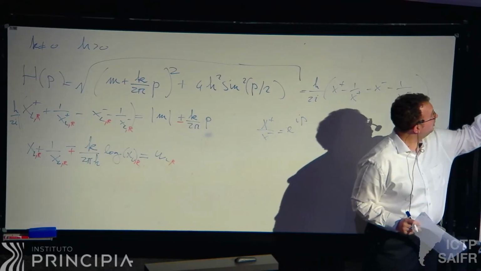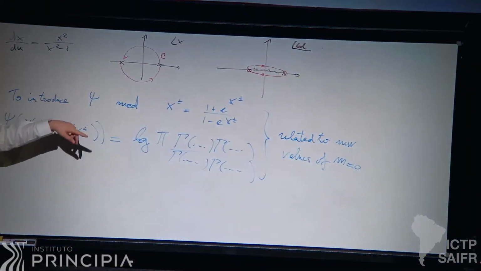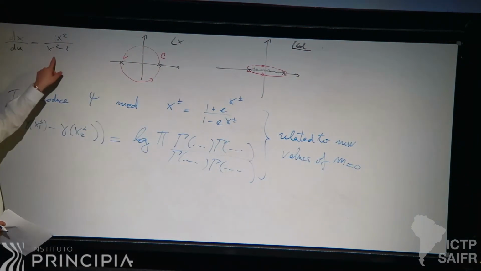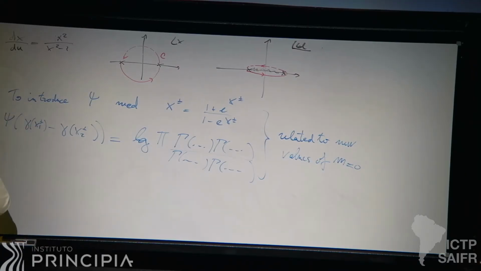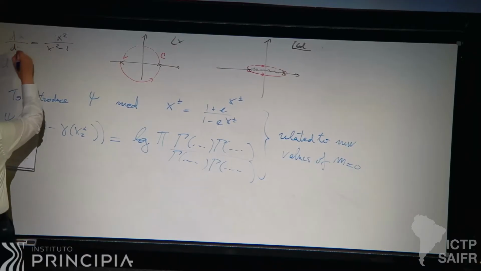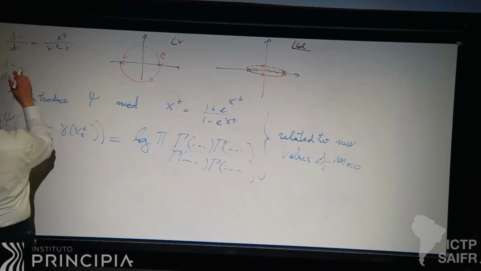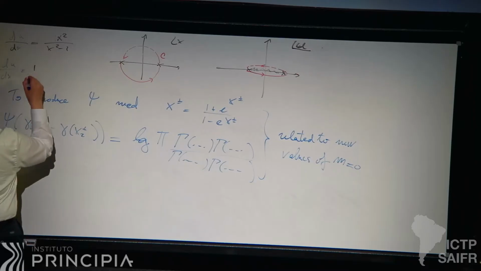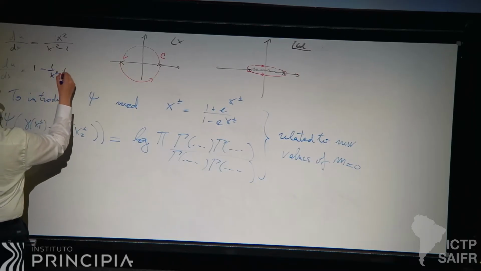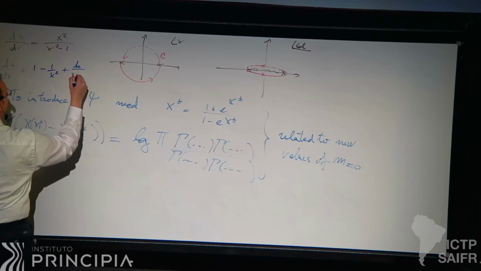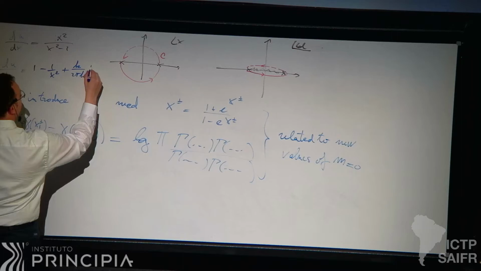Because you see, here I told you that this map had two singular points, the images of the singular points here on the x-plane. They were plus and minus 1. And if I now repeat the computation, well, in this new case I get 1 minus 1 over x squared plus whatever it was, k over 2 pi h, 1 over x.